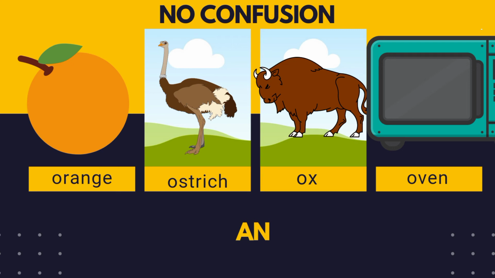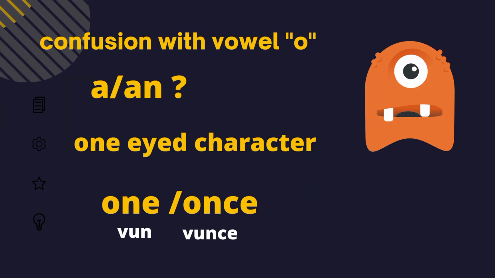Most of the time there is no confusion with the words starting with letter O, as an orange, an ostrich, an ox, an oven. But sometimes we come across a phrase like one-eyed character. What will you use? A one-eyed character or an one-eyed character?